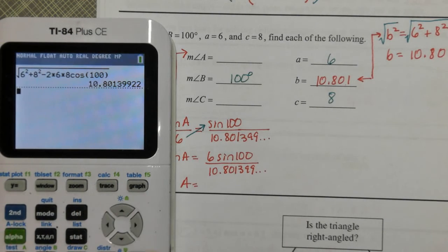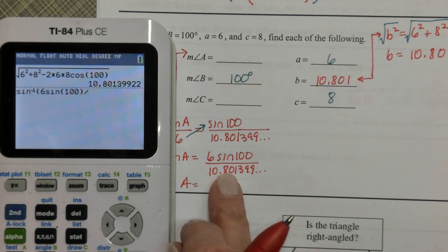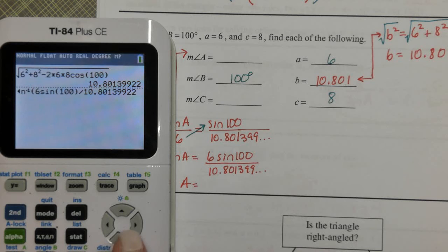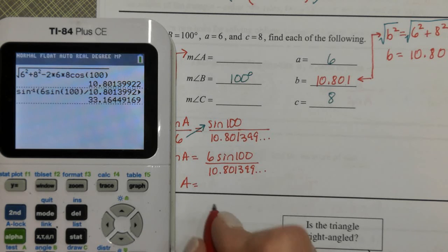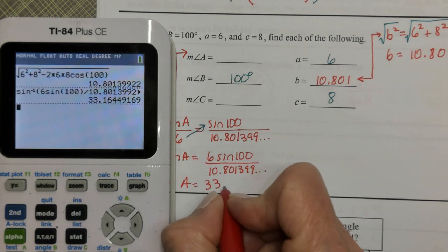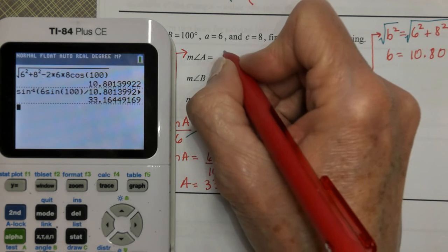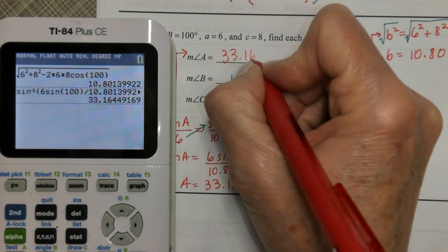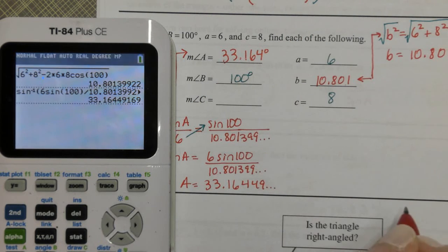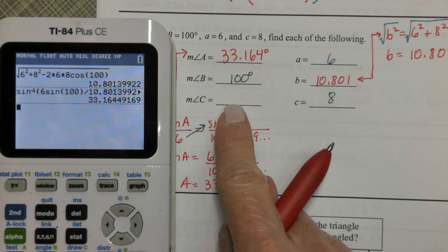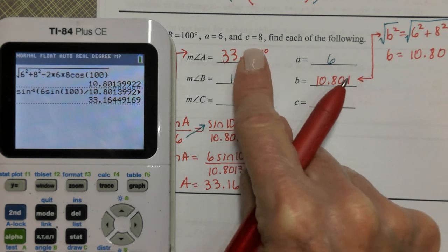So inverse sine of 6 sine of 100, close parentheses around the angle, divided by what we just found. So angle A is 33.16449 dot dot dot. I'm going to write 33.164 degrees. To get angle C, I'm going to use the fact that these add to 180.